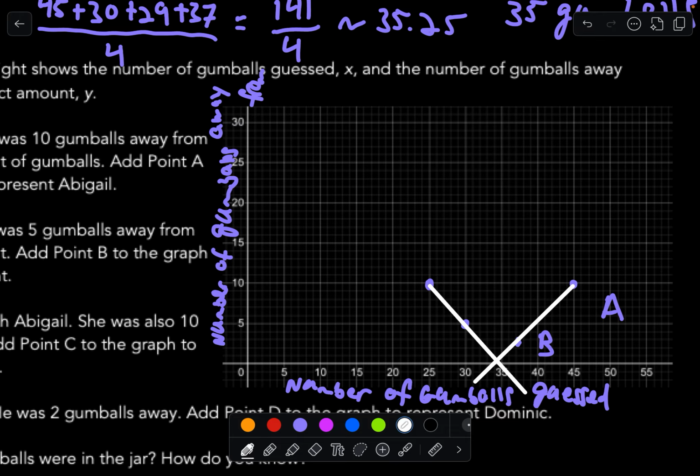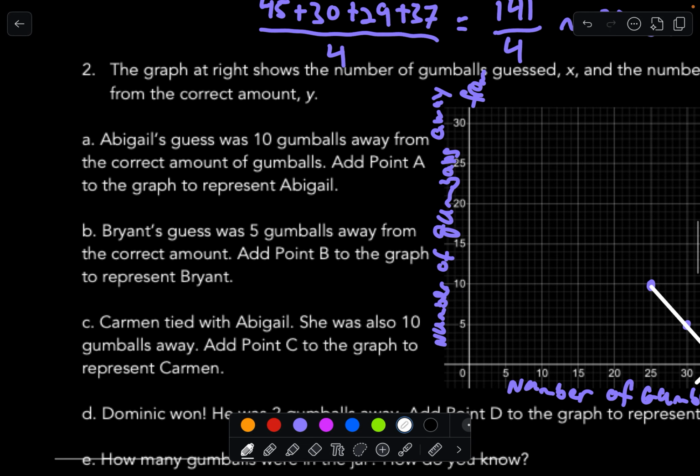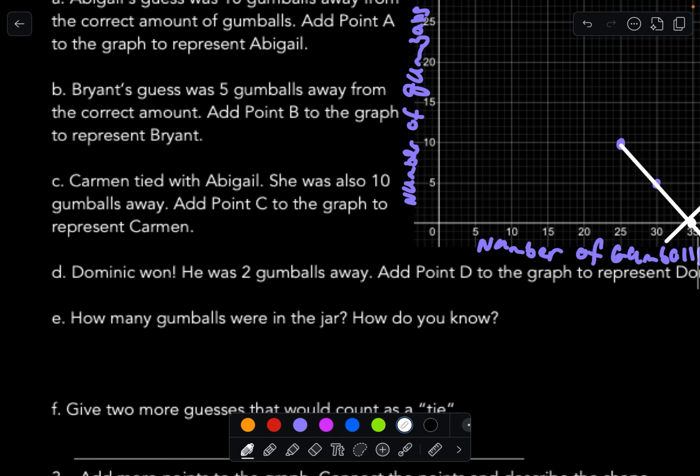And you see where they cross is right there at 35. So it looks like 35 gumballs.